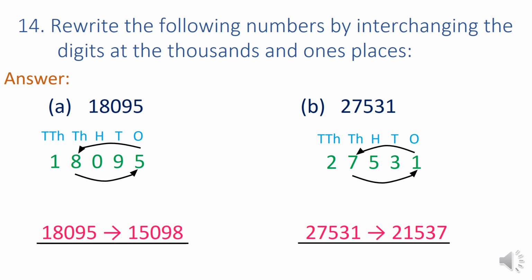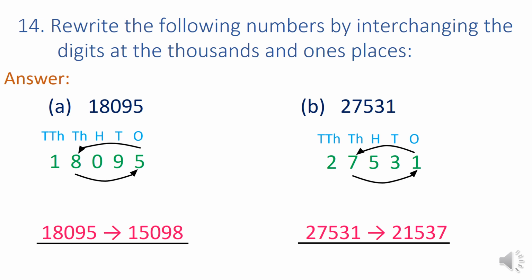So, for getting the answer, interchange the digits. That is, write 1 in the thousands place and write 7 in the ones place. So the number 27,531 becomes 21,537.